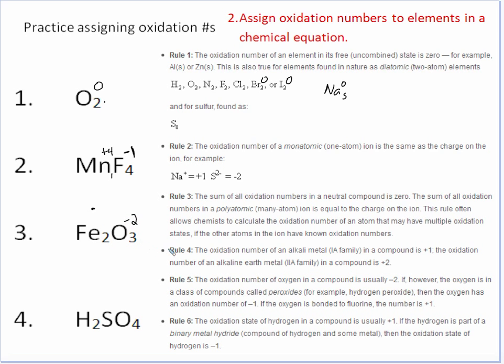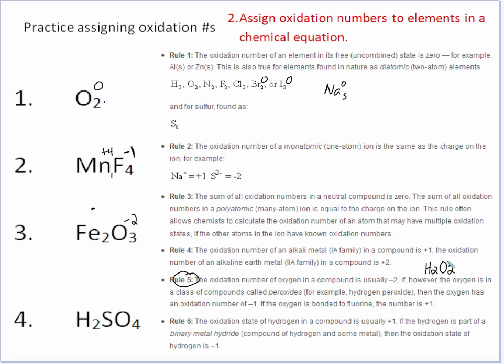Oxygen is always -2 when it's with something. There is one catch to that, that's rule 5. Oxygen sometimes can be -1, and you might see this a lot on the AP test, like hydrogen peroxide.